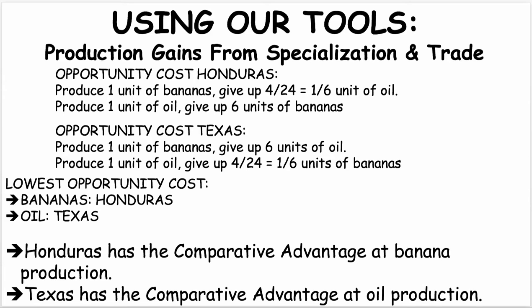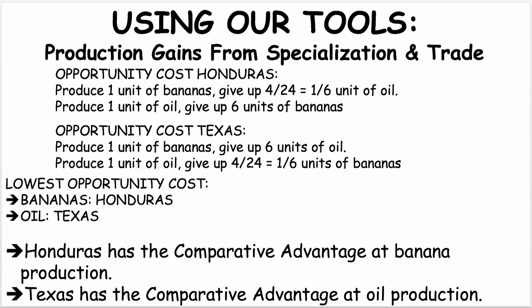I might point out at this point that if one trading partner has the comparative advantage at producing one good, the other one will automatically have the comparative advantage at producing the other good, except in the case where each of them has exactly the same opportunity cost for both goods.